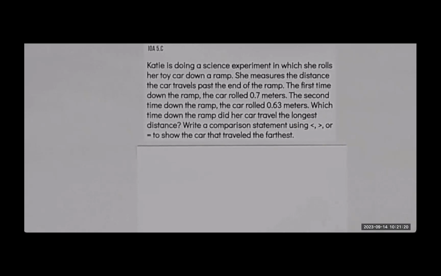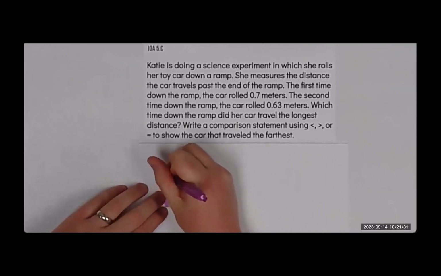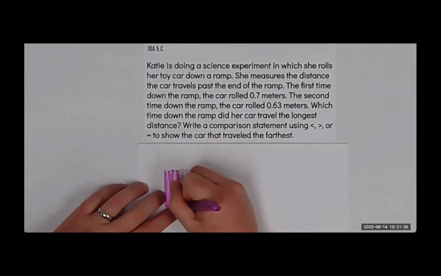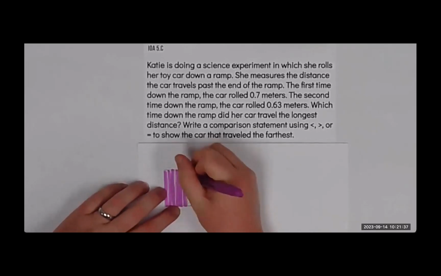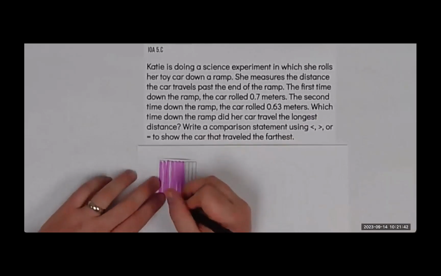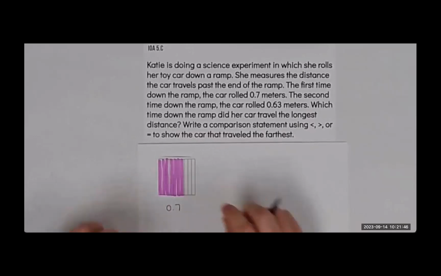Now I'm going to model using decimal grids. I will start by shading in 7 tenths on the decimal grid to represent 7 tenths. As a decimal, I can write this as 0.7.